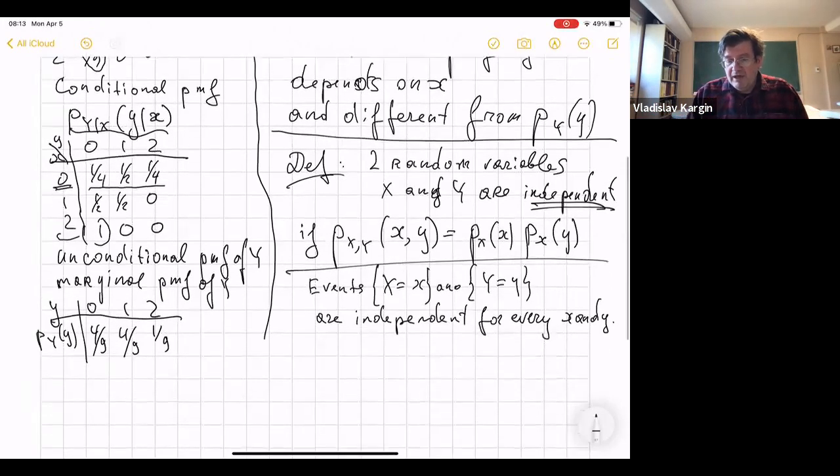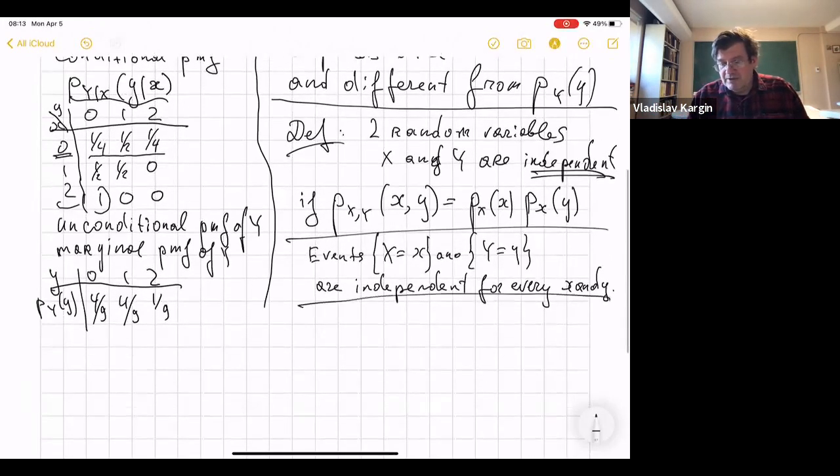But again, this is the definition, so let's look at the conditional. Let's look at the conditional of y given x, like in the previous example. Right? We want to calculate it and show that it's the same as the marginal and doesn't depend on x.